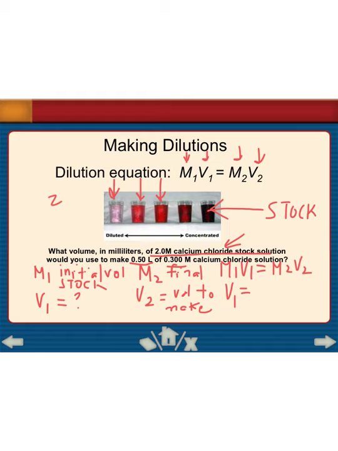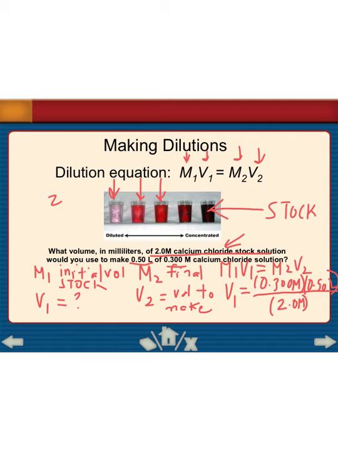So we'll write that out. 0.300 molar, so moles per liter, times 0.50 liters. Again, if this had been given in milliliters, you would want to convert to liters. Divide by 2.0 molar, the stock solution.